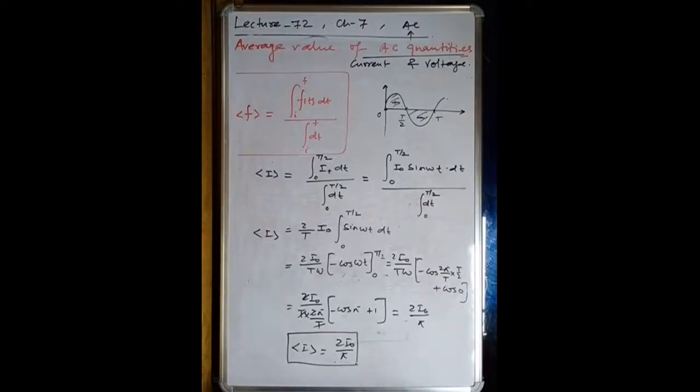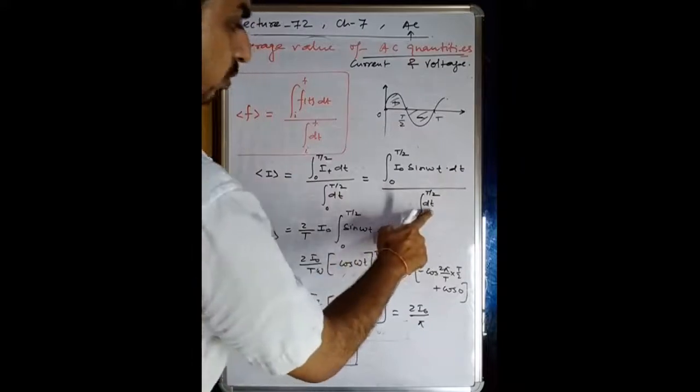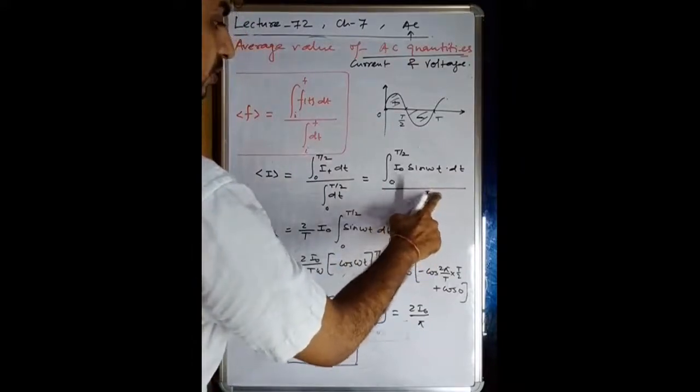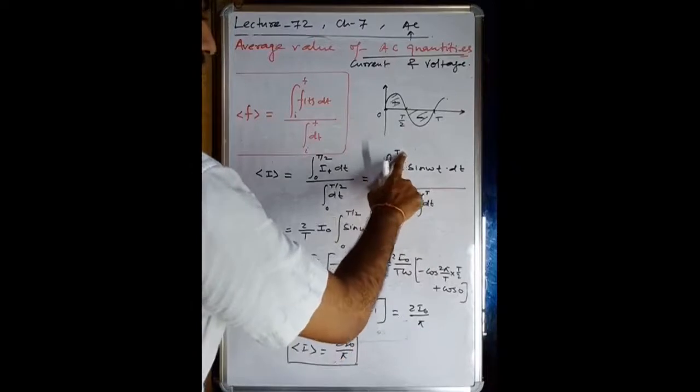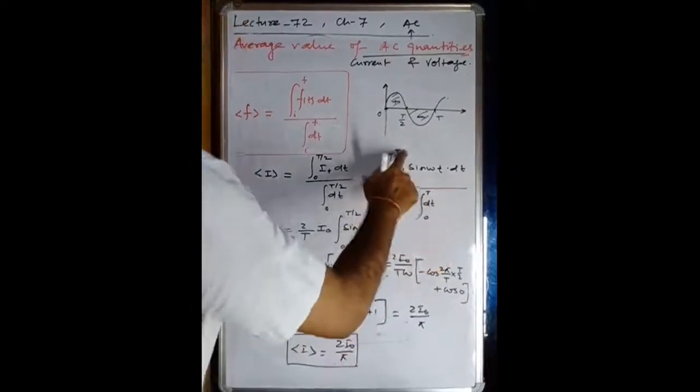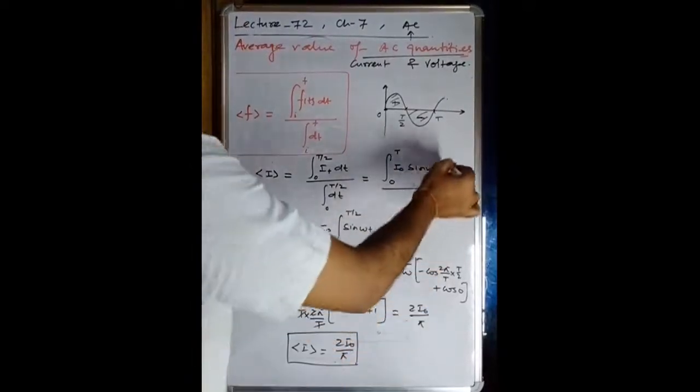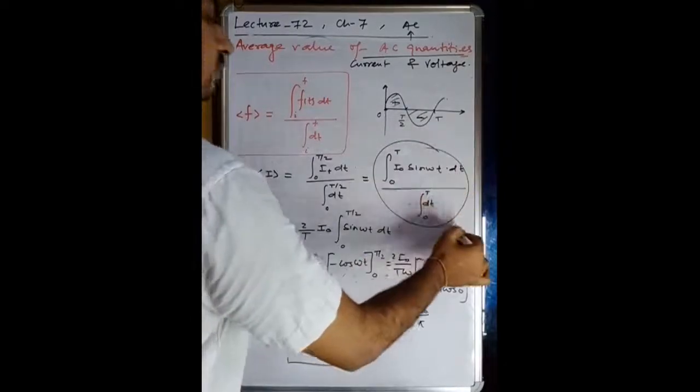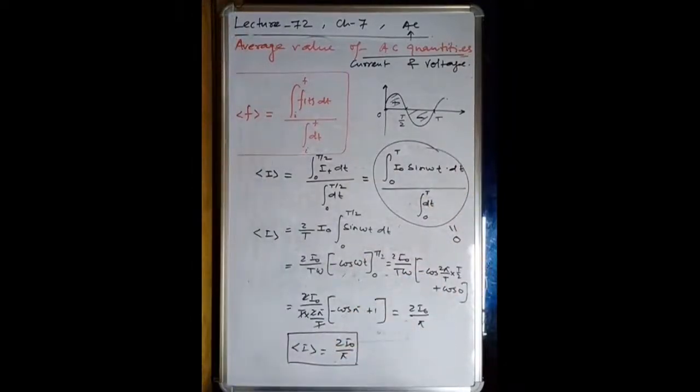This is not very difficult, my dear students. So this is the average value of AC over half cycle. In the same way, you can find the average value of AC over full cycle if you put the limits from 0 to T, and then the entire value becomes 0, which shows that the average value of AC over full cycle is 0.